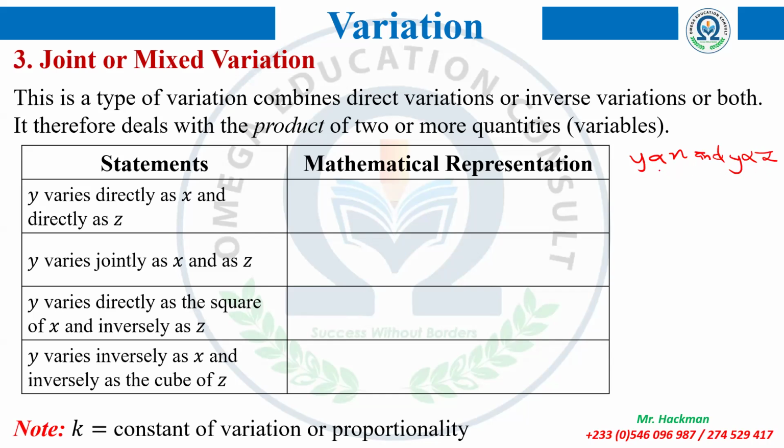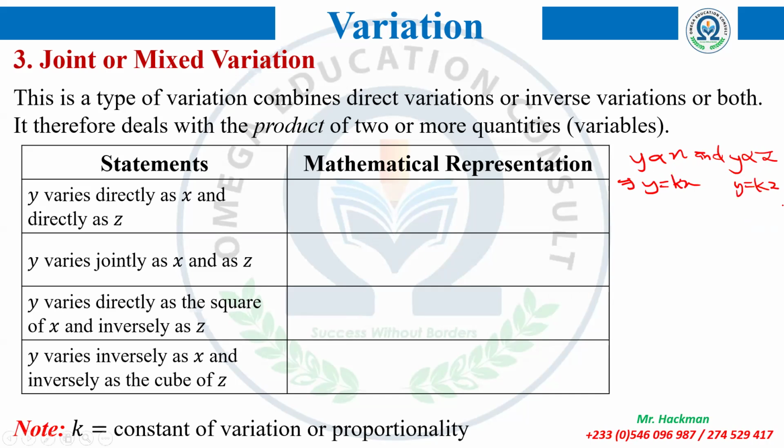If you move from here to the relation statement, this will give us y is equal to kx. Do you agree? Yes. And this will also give us y is equal to kz. Do you agree? Yes, sir.